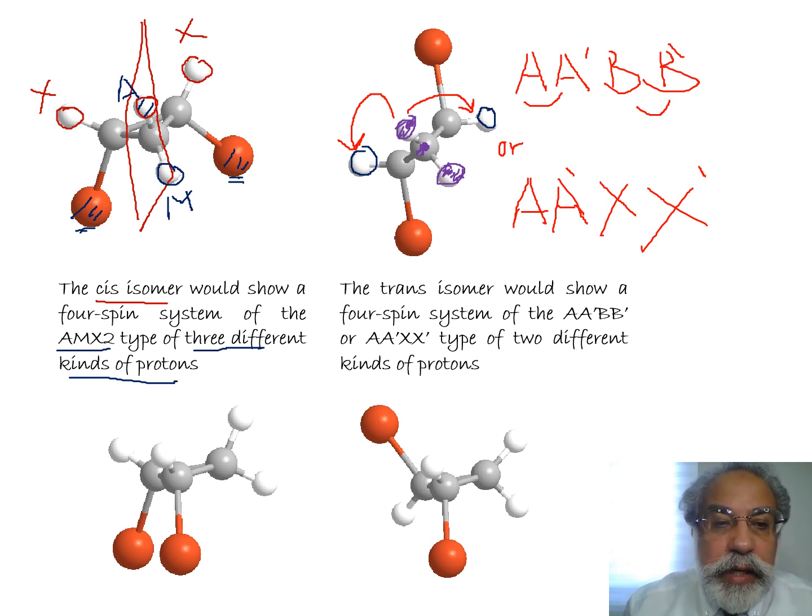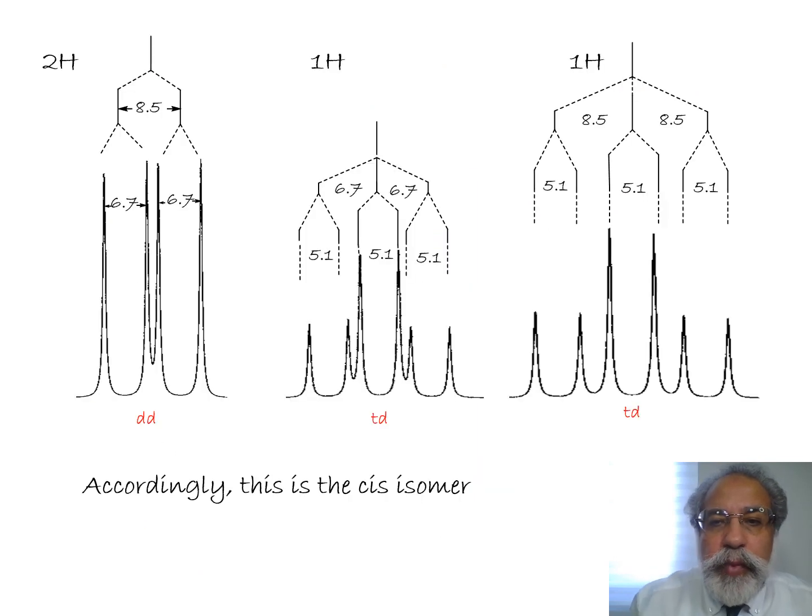In the cis isomer, you will find three signals: one with one proton intensity, another with one proton intensity, and the third one with two proton intensities. Go back to the spectrum.